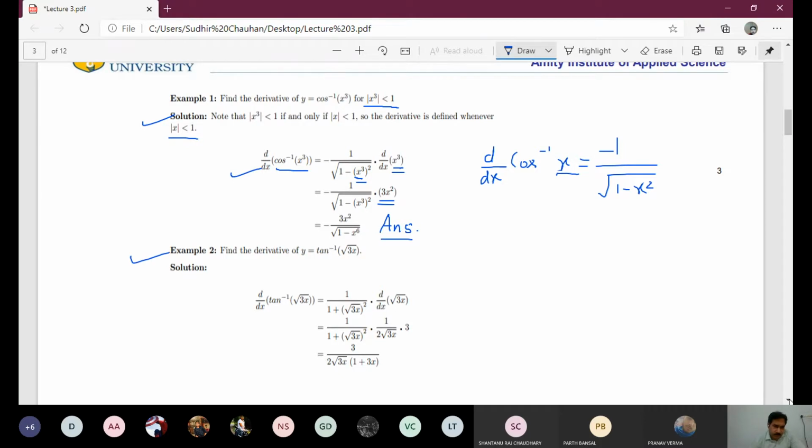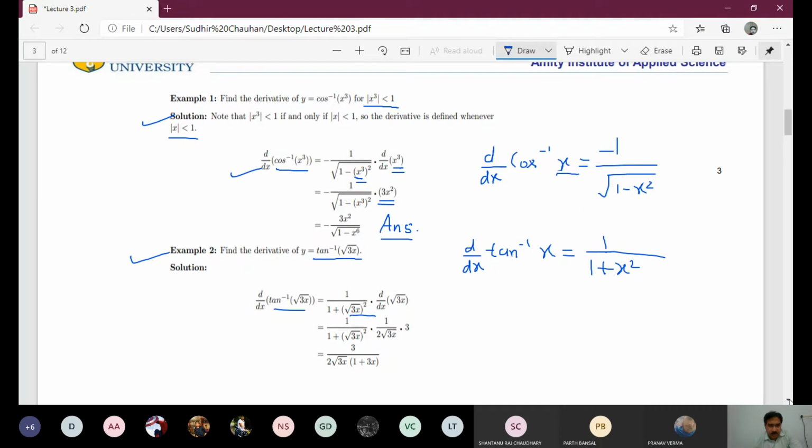Again, example number 2: find the derivative of y is equal to tan inverse under root 3x. First we'll apply the formula for tan inverse x, that is 1 upon 1 plus x square. We'll keep under root 3x in place of x.